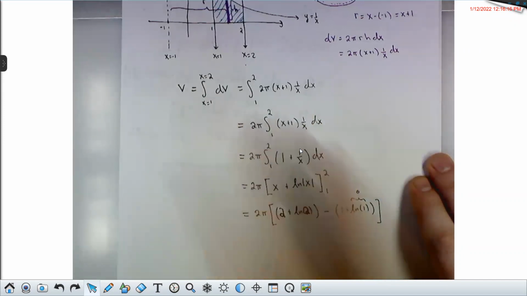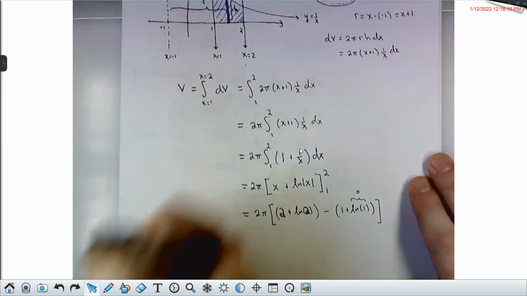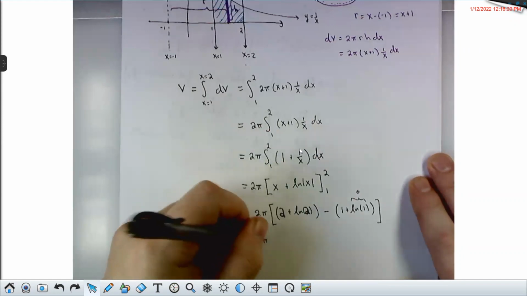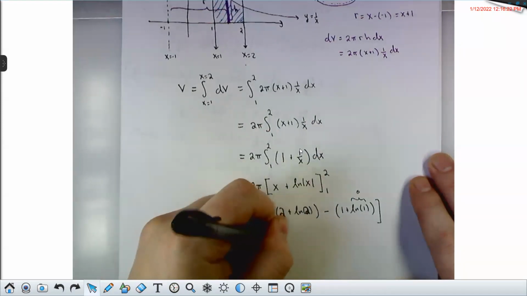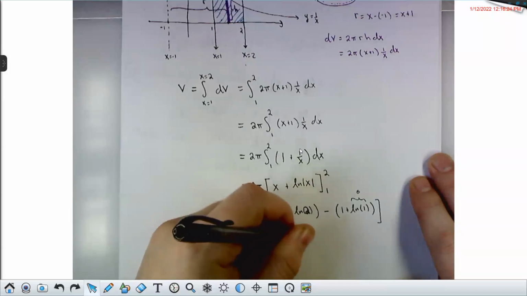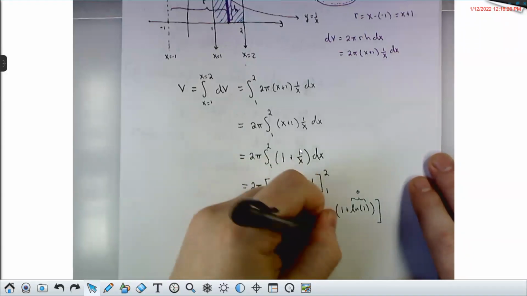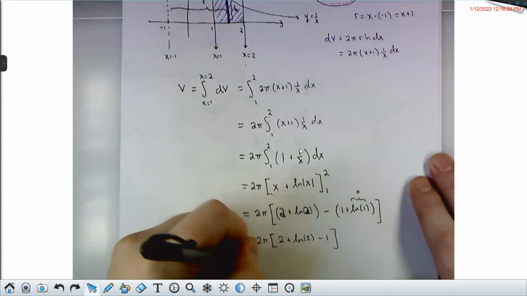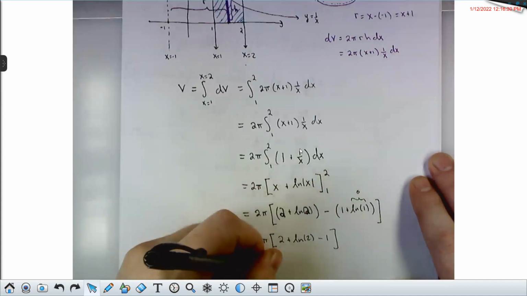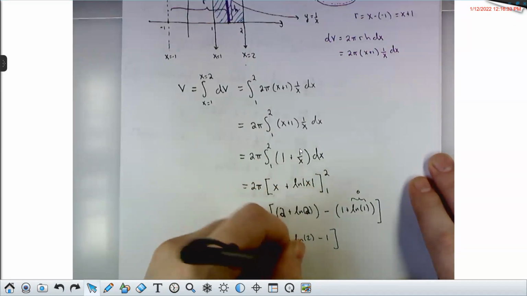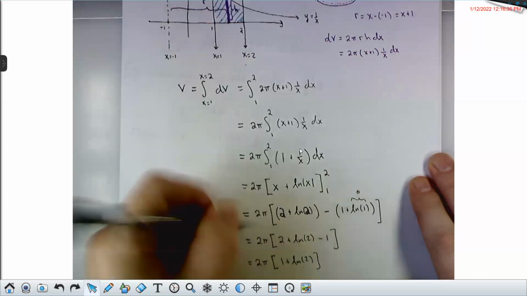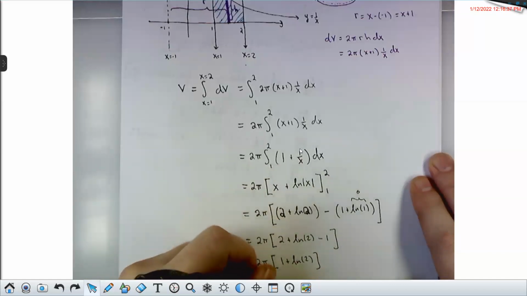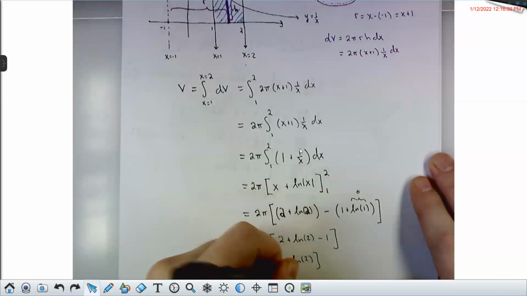This guy goes away. So I get 2 pi bracket 2 plus ln 2 and then minus 1, or 2 pi times 1 plus ln 2. And then distributing the 2 pi, that's 2 pi plus 2 pi times the natural log of 2.